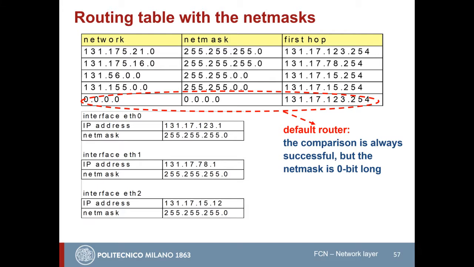It matches any packet, but since it is the shortest possible matching entry, it will be selected only in case you don't have other matchings in the specific entries of the table. So this is why it's the default router, and the concept is that it's where a router hands over all the packets for which the destination is basically unknown.